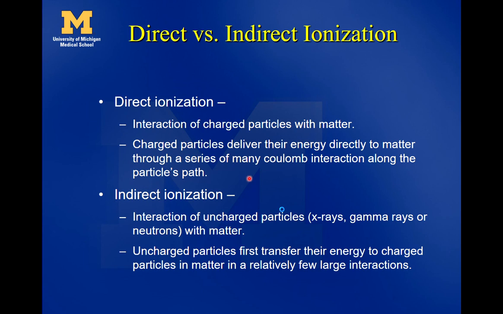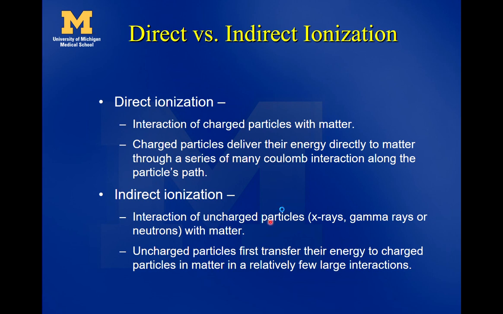You can imagine the electron has a charge on it, and as we know, anytime something has a charge on it, it's going to be attracted to something of the opposite charge. So these electrons, as they stream in, are going to interact with these positively charged nuclei or these other electrons all along the way. They're going to bounce off of all these things. They're going to Bremsstrahlung around the nucleus, and do all kinds of interactions all along the way.